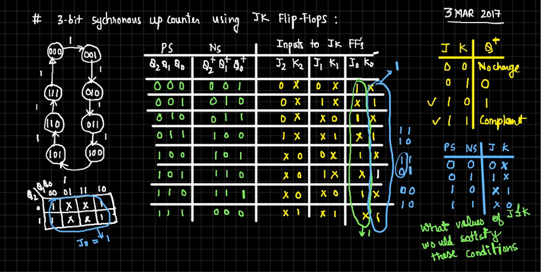Tell me for J1. Without drawing the K-map also I can predict. You tell me. You should have that expertise. Without drawing the K-map you should be able to detect what should be the expression. 0 0.